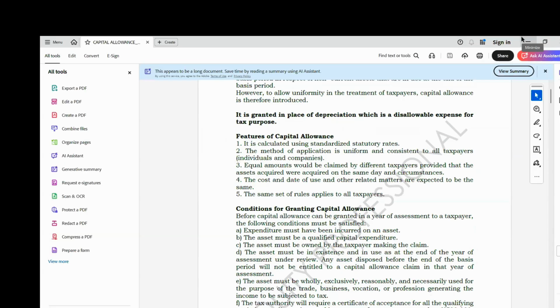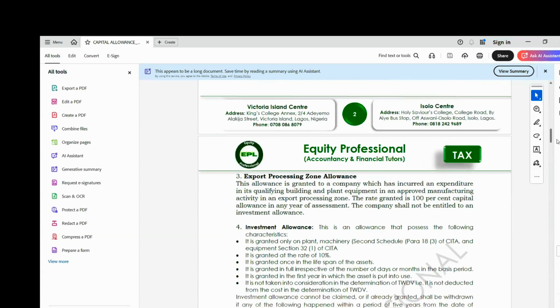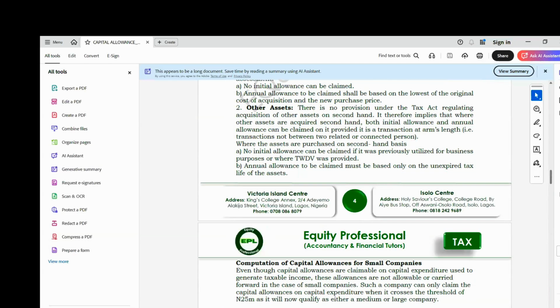I told us about the types of capital allowance: we have initial allowance, annual allowance, investment allowance. Then when there is disposal, that can also give rise to a balancing charge and balancing allowance. So all those are what were treated last week.